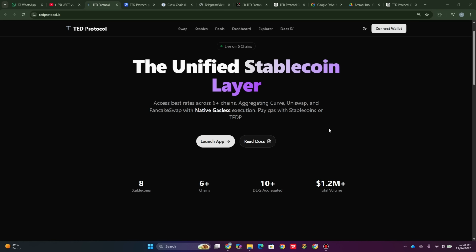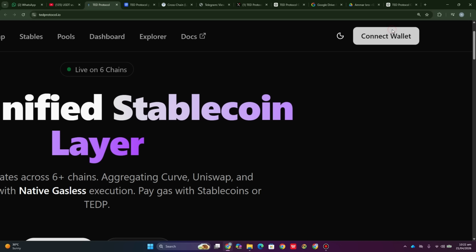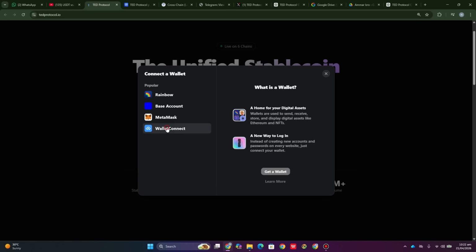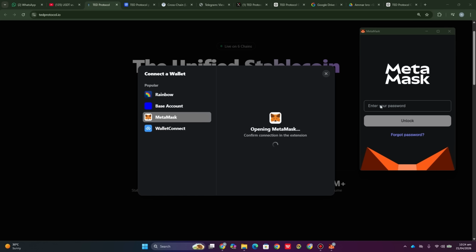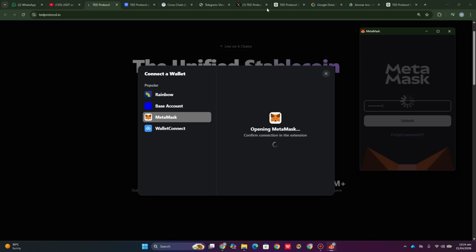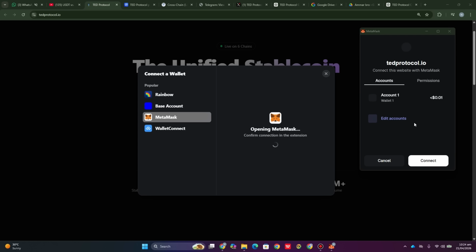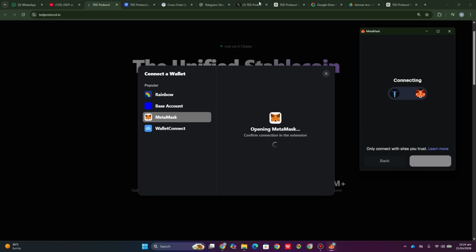If you want to participate, here is how it is used. First of all, you need to connect the wallet. We can check MetaMask, Rainbow, Base Wallet, and WalletConnect, which can be connected to this site. MetaMask has been opened, where we have to enter the password to access the assets we are going to use. My wallet is open, and we have to connect it to TED protocol and click on the connect option.